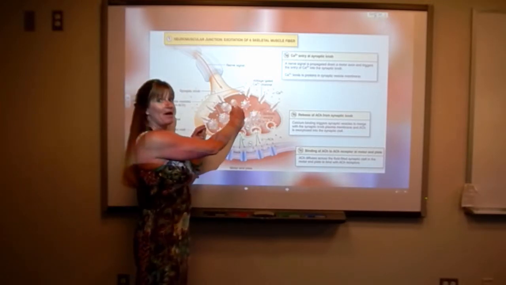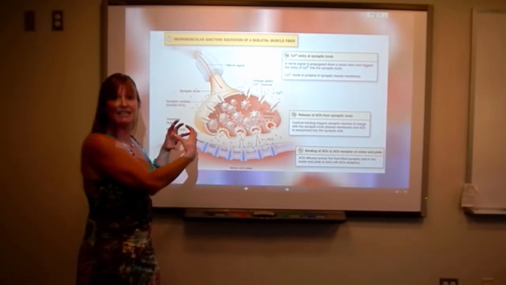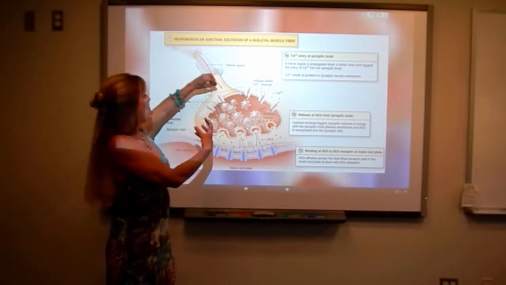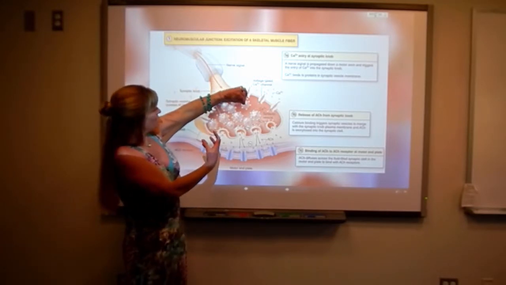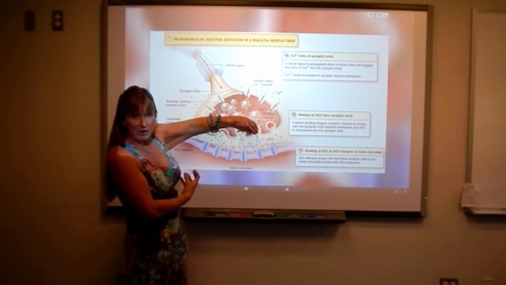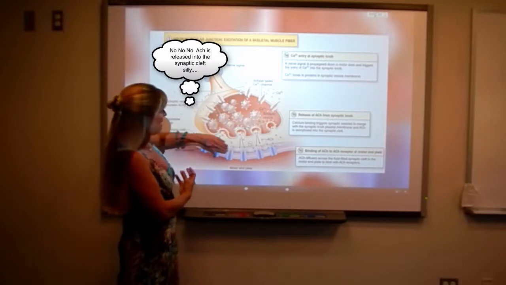This calcium will then attach to these vesicles of acetylcholine that exist inside the synaptic bouton of the neuron. The acetylcholine in these vesicles will then bond to the cell membrane and release the acetylcholine out into the synaptic cleft.